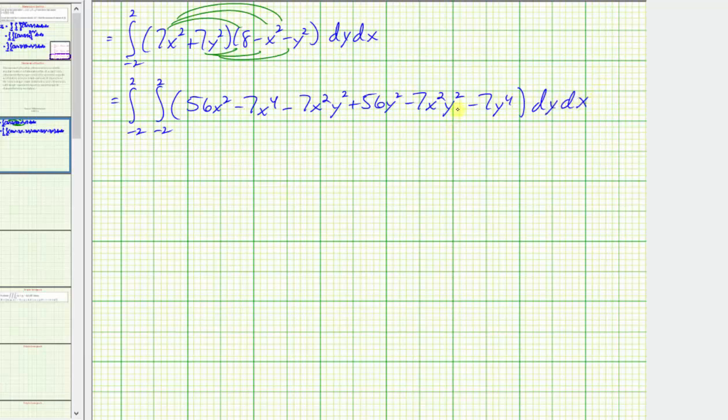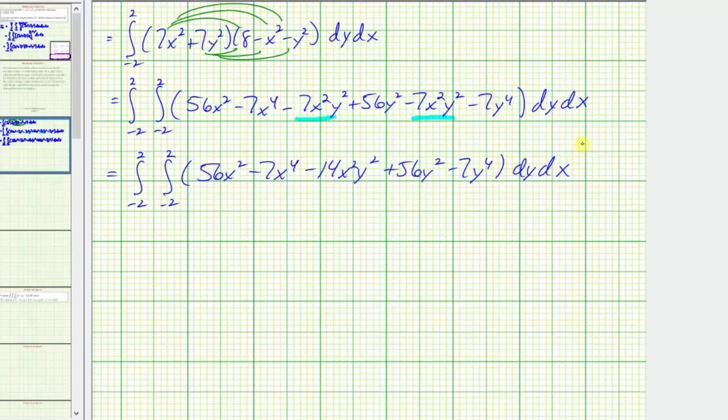And now we do have two like terms here. We have two x squared y squared terms here and here. So we'll combine these terms to find the simplified integrand function. So we have 56x squared minus 7x to the fourth minus 14x squared y squared plus 56y squared minus 7y to the fourth.